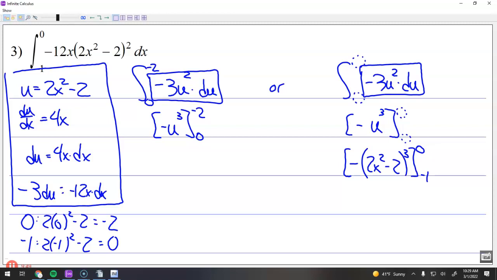Here I'm saying I'm not going to worry about what these two things are as u values. I'm going to integrate it, plug back in the x's, and then work from there, and I never had to worry about what these two things were as u values. So then I would go down here and say, okay, 2 times 0 squared minus 2 to the third minus, then plug in -1.